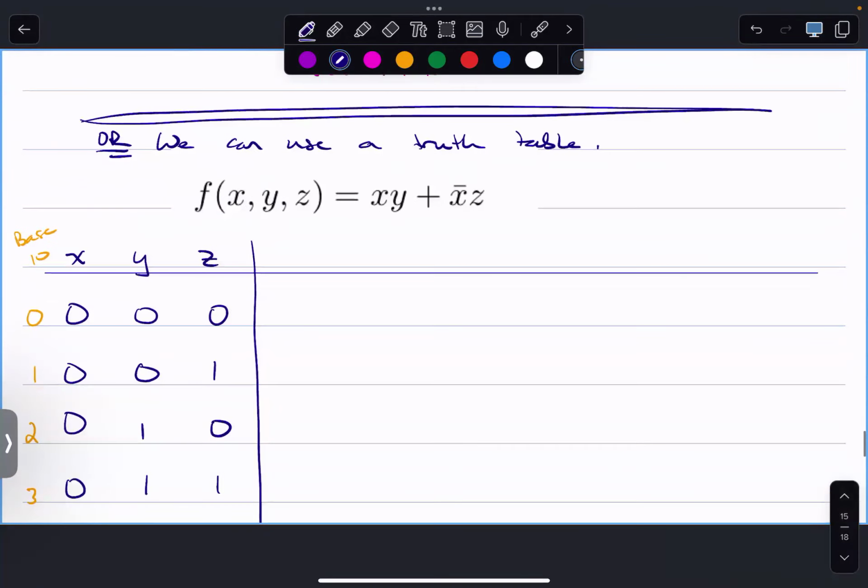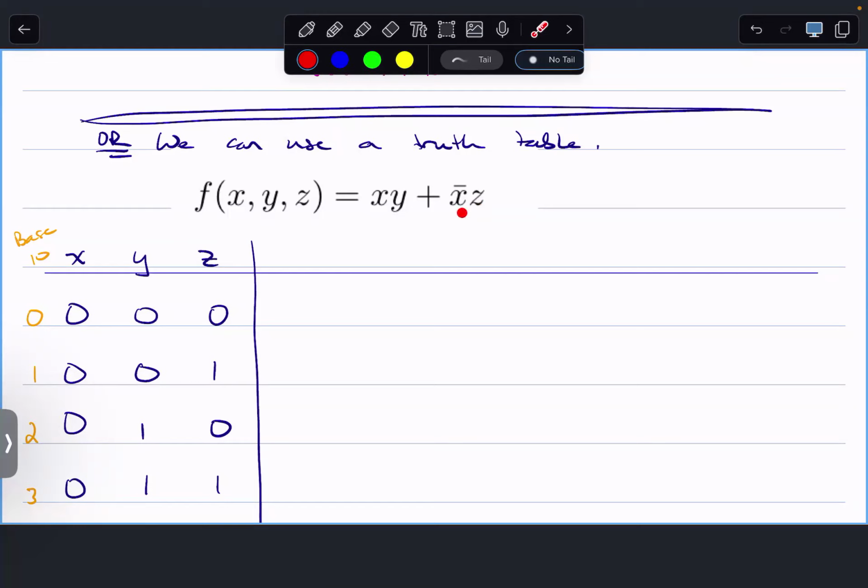Okay, so if you want to build out XY plus not XZ, we probably need to start with an X times Y column. I like to make a not X column before I do anything, just so I don't rely on negating it as I go, because that's really quite difficult for me.